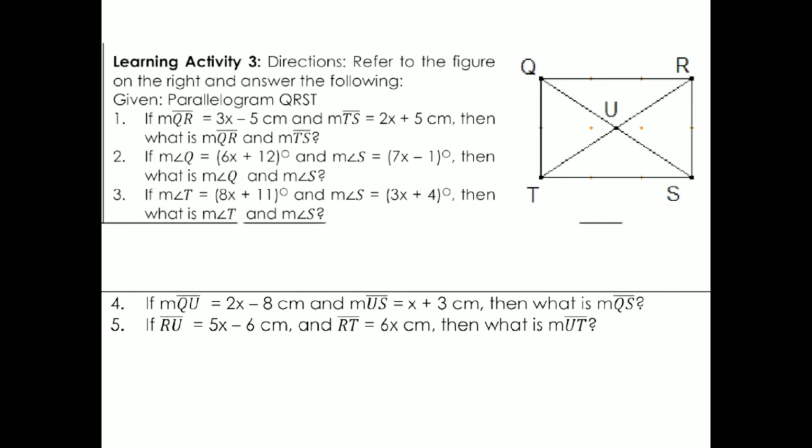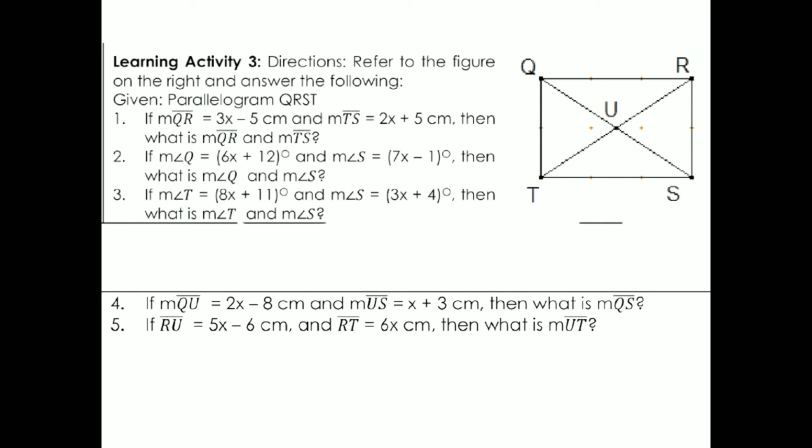So 7 times 13 minus 1 is equal to 90 degrees. And 6 times 13 plus 12 is equal to 90 as well. So pareho sila. So tama. So the answer is 90 degrees.